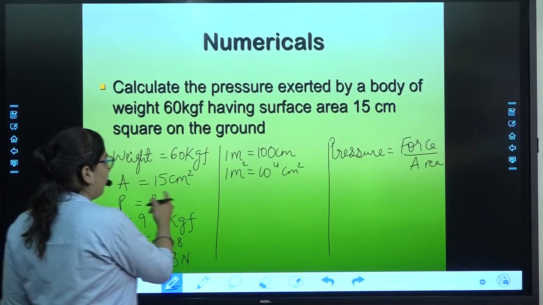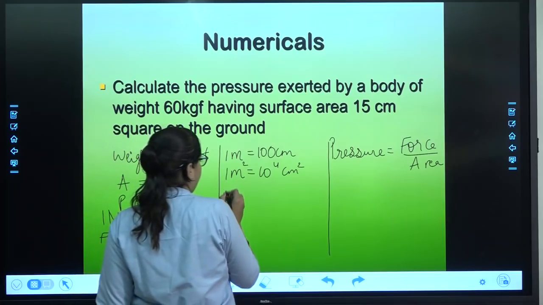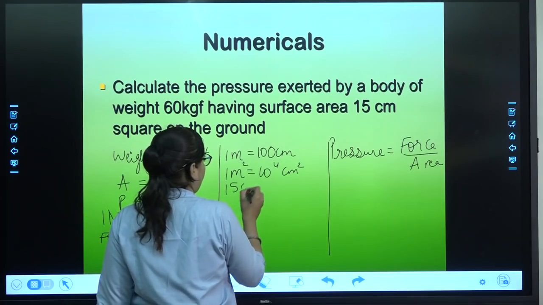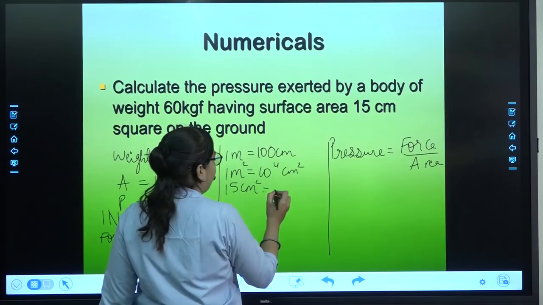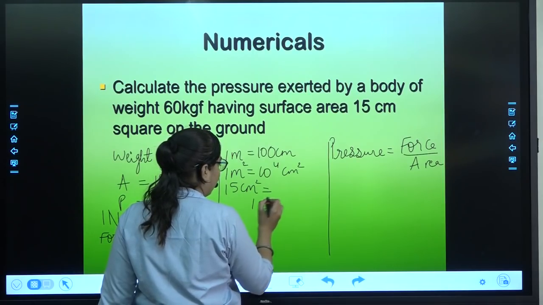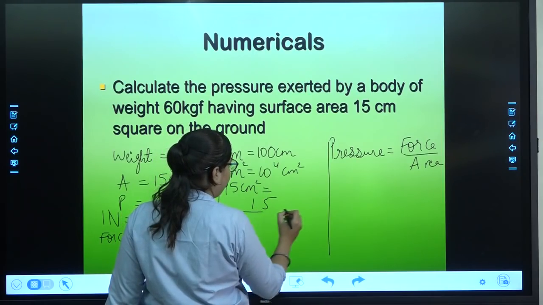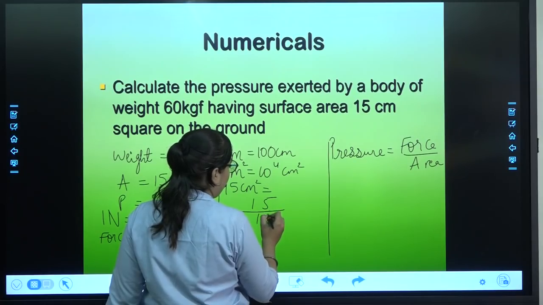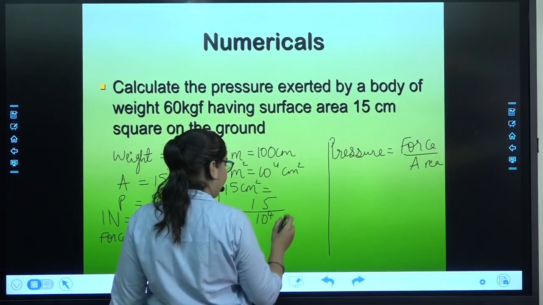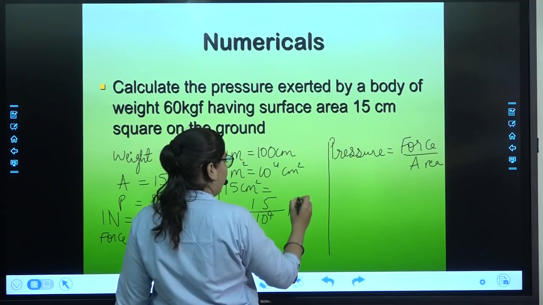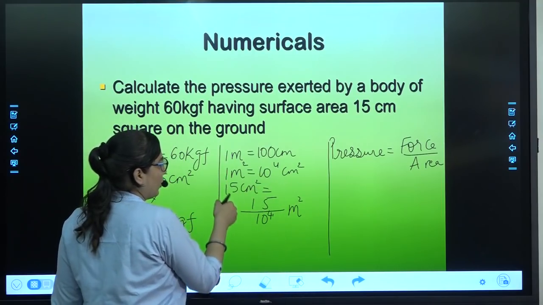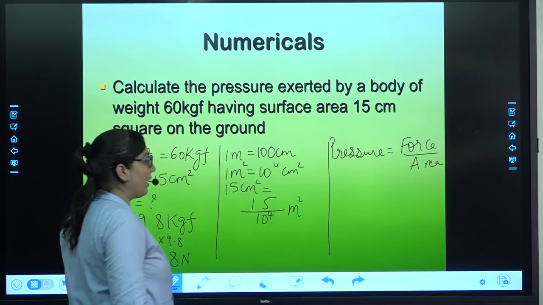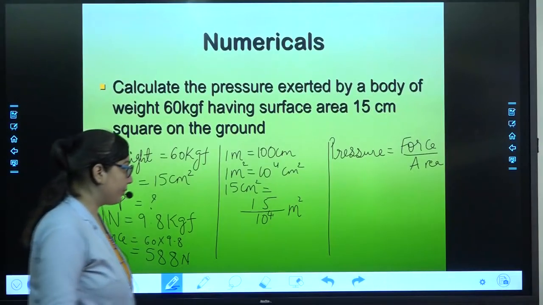So here 15 centimeter square will be equal to 15 upon 10 raised to 4 meter square. If you convert centimeter square into meter square, you need to divide it by 10 raised to 4.